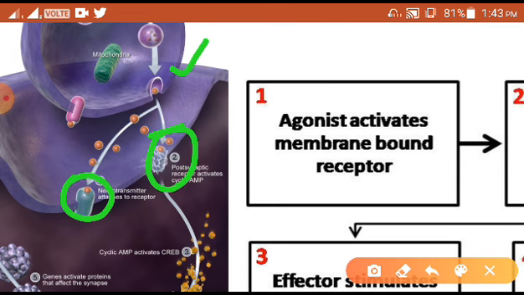Here, for example, it's cAMP, right? And this cAMP is actually acting as a second messenger here.